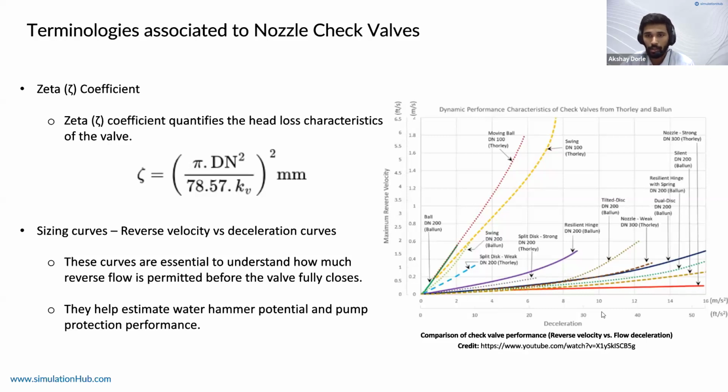But again, it's an engineering problem in which it becomes very critical as to what the application is like and what the economics of the system are like. So ideally you would want to choose the fastest responding nozzle check valve, but again it's your choice, depending on application and economics.